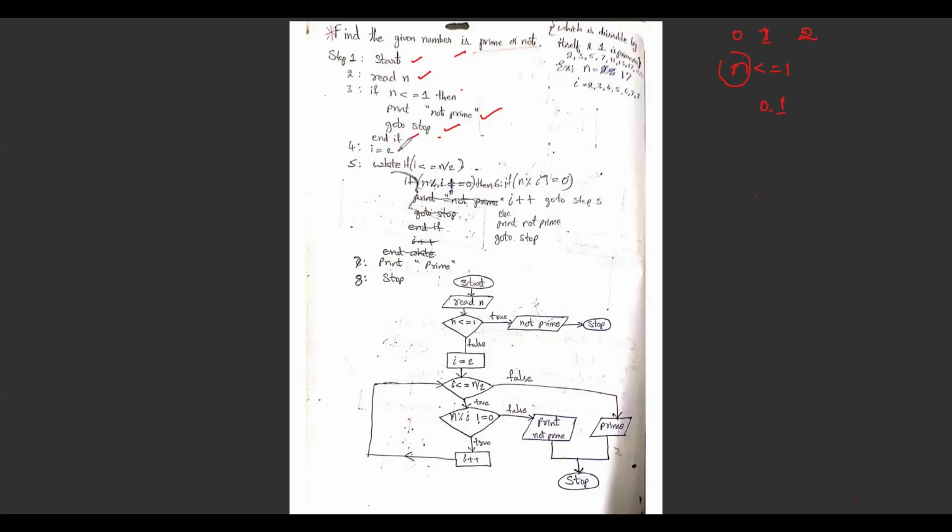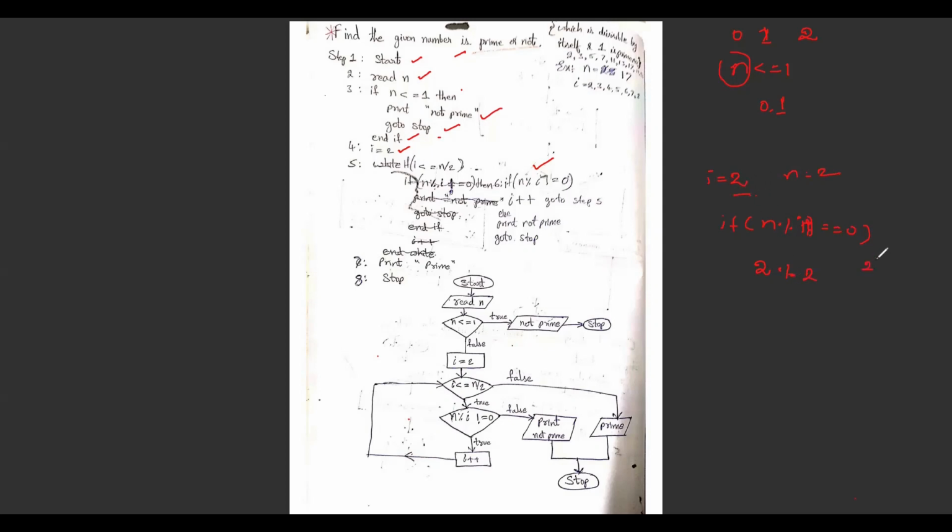Else, if i equals 2, the next condition is i value is 2. You're going to come to this point now. If number mod i equals 0. What is number here? Suppose you have given a number, let us suppose n equals 2. 2 mod i, where i value is 2: 2 mod 2.